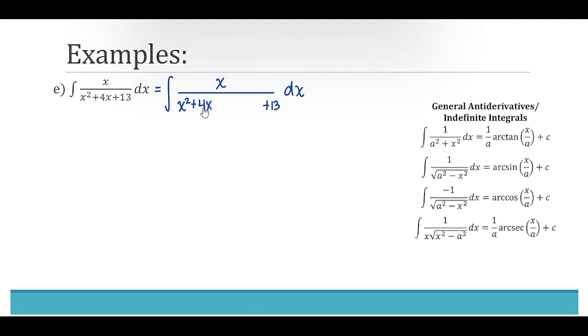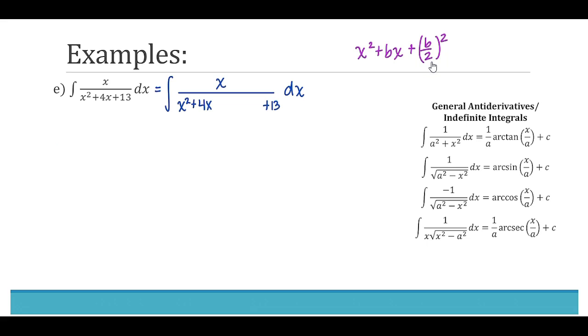Now, the formula for completing the square, I'm going to write up here for our reference. If I have x squared plus bx, to make it generic, the value that completes the square is taking the value of b, so we're going to have plus b over 2 as a quantity squared. This is the number that completes the square.